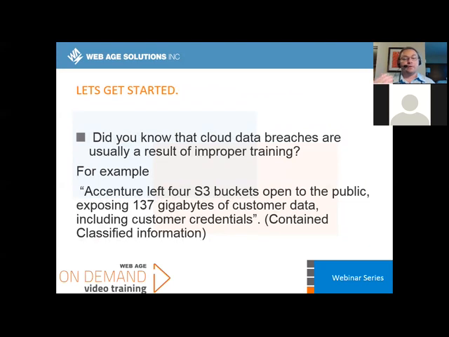They exposed over 137 gigs of customer data and customer credentials. This also contained classified information because on this share they had some classified information for the US government. Now again, that's an extreme case of just plain ignorance and irresponsibility, basically.